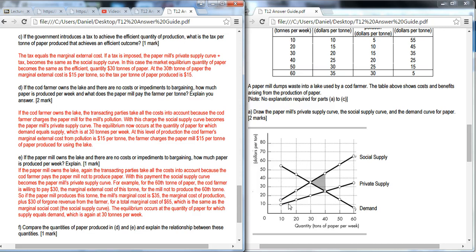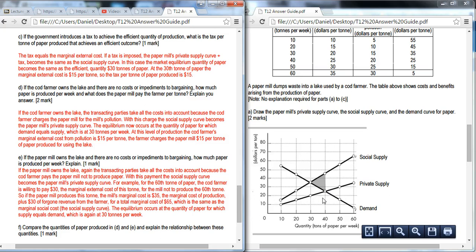And they're going to continue to pay the farmers what it costs them until there's no more profit to be made by the paper mill, which is going to occur at a quantity of 30 tonnes of paper per week. They're not going to pay for more than 30 tonnes of paper a week, right?